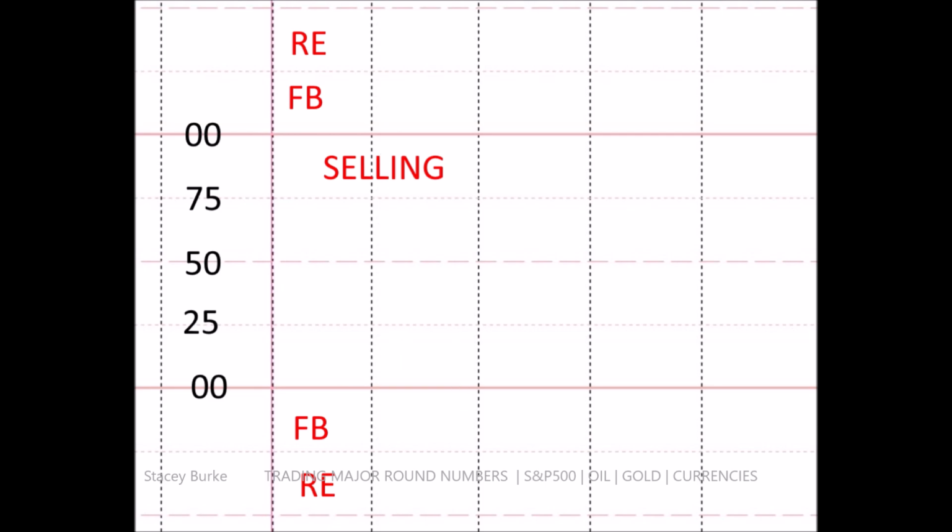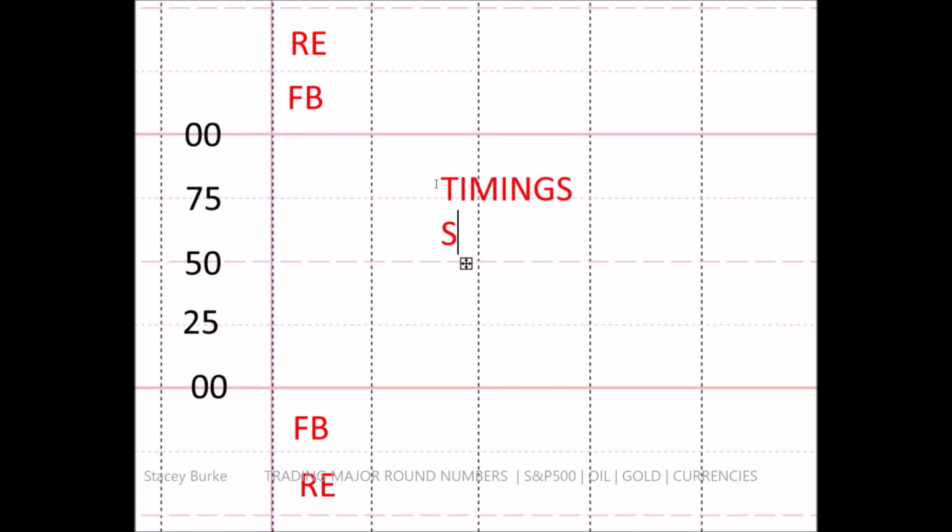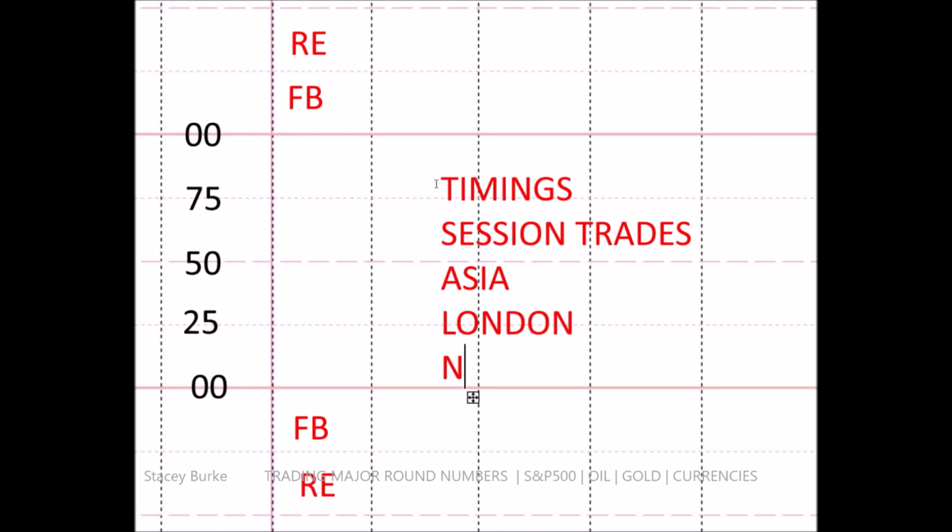But what that does not mean is that just because something comes up to the top of the box that we sell it, because they may still be in the process of expanding the range, which is why we come back to the concept of timings, the session trades. So we have Asia, London, and New York.